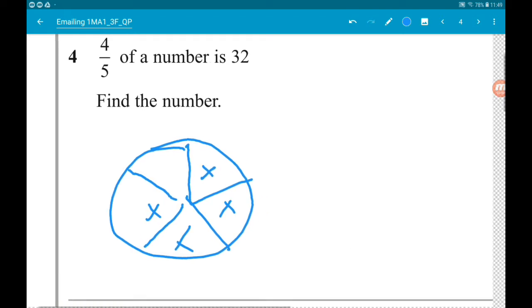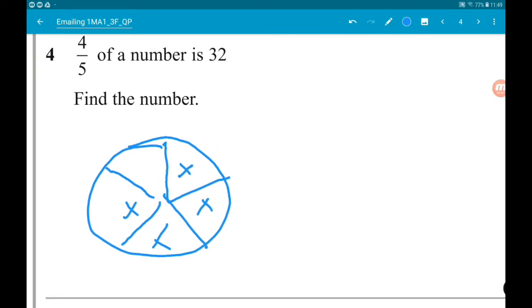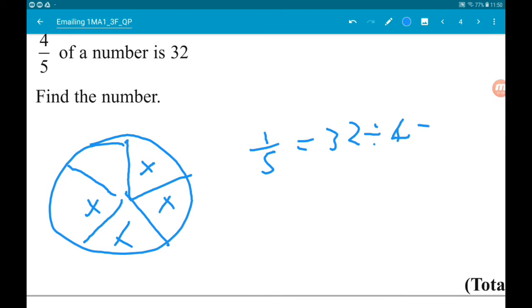That means 4 slices has cost us 32. Now, if we find the cost of 1 slice, we can then work out the cost of 5 slices. So 1/5 would be 32 divided by 4, which is 8. So 1 slice of pizza is worth 8.